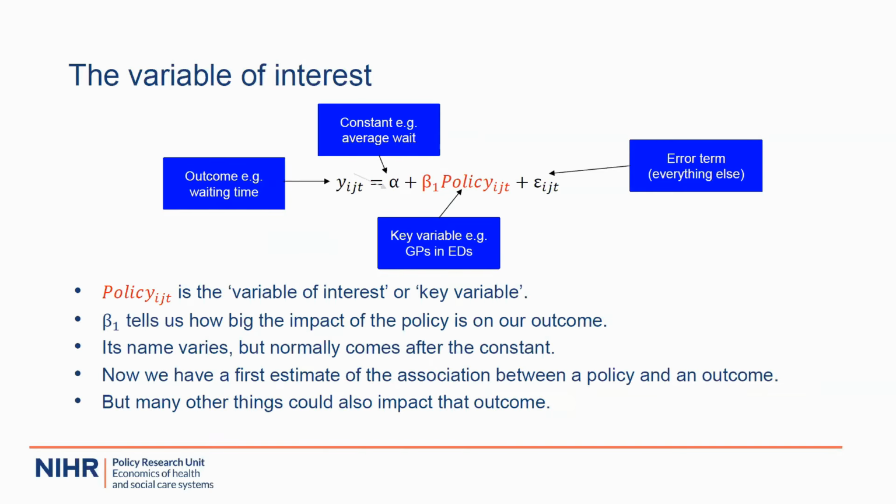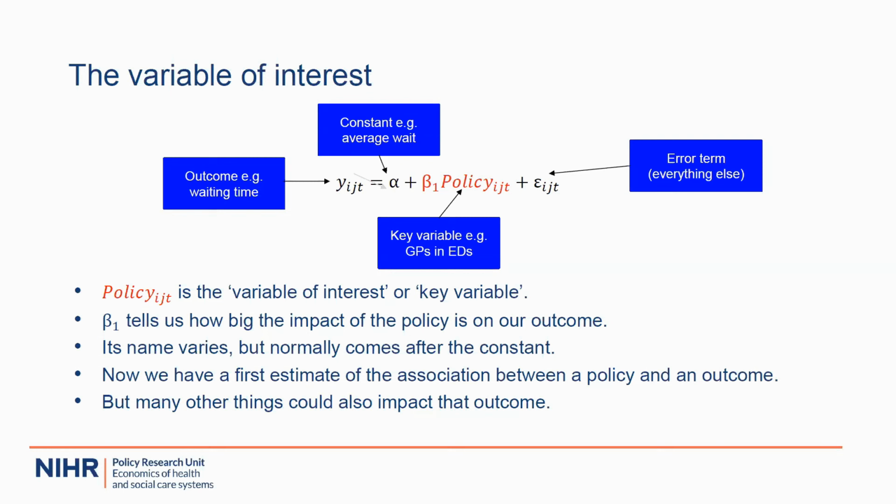Now I've added one more thing to the equation, and that is the bit we're most interested in, because we want to understand what the relationship is between the policy, which in this case is introducing GPs into emergency departments, and that outcome, waiting time, which is still there. This is the variable which tends to get most attention. And you can see we've got another Greek letter, beta 1 here, and that is the coefficient I mentioned earlier of most interest.